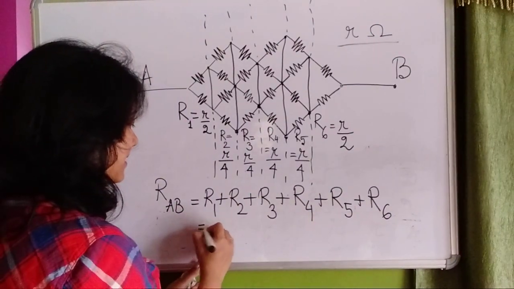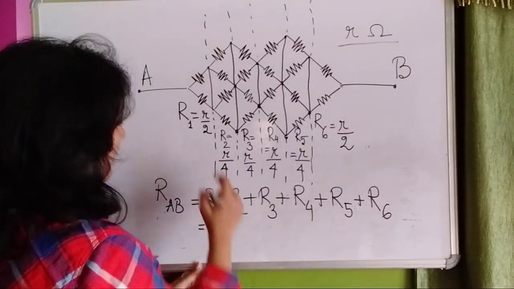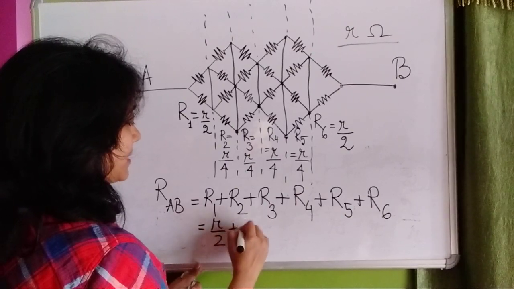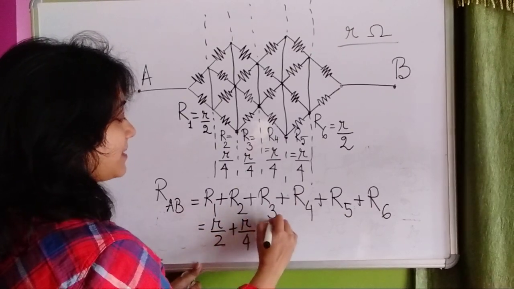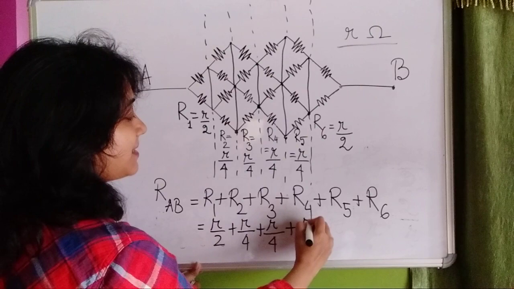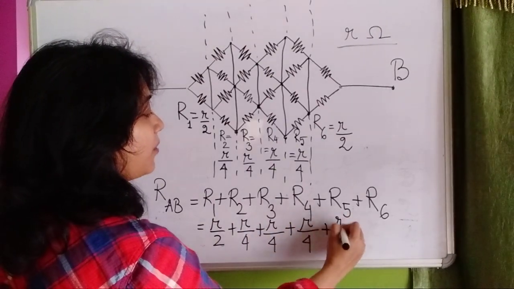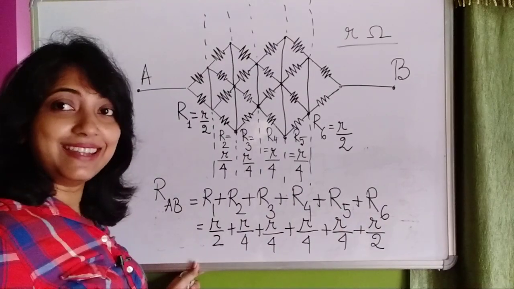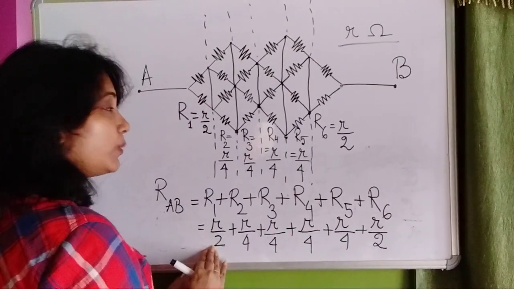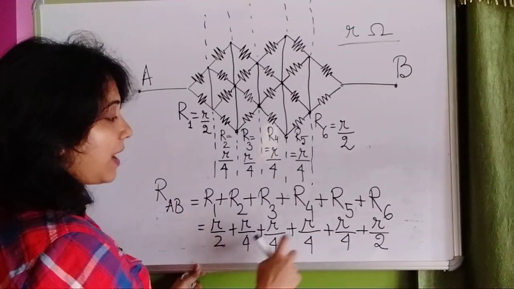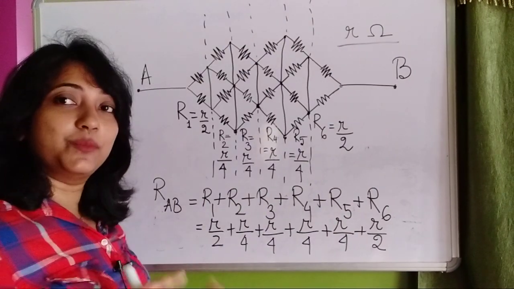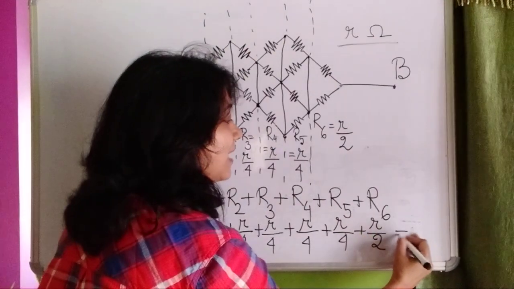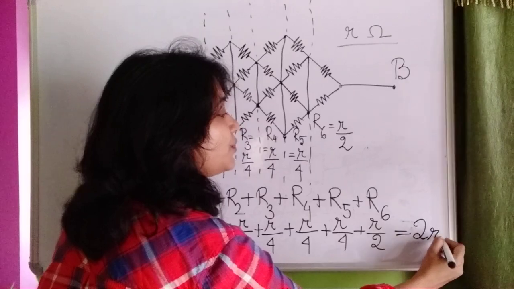And that is simply equal to R by 2 plus R by 4 plus R by 4 plus R by 4, one more R by 4, and the final one was R by 2. Right? R by 2 plus R by 2 will give me R. These 4 R by 4s when added will give me one more R. So my final answer will be 2R.